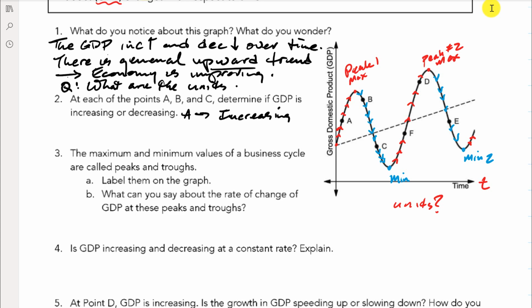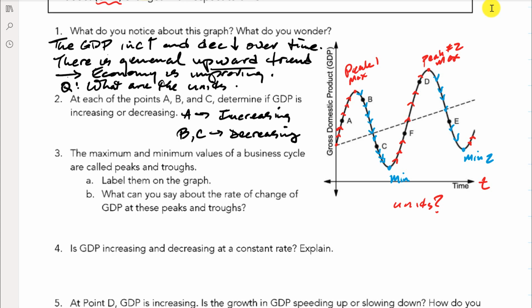And B and C are in the interval where the GDP is decreasing, so it's decreasing at those points. That's why it's nice to analyze the graph first, then go back and forth with the questions, and you may answer the questions in a decent manner.